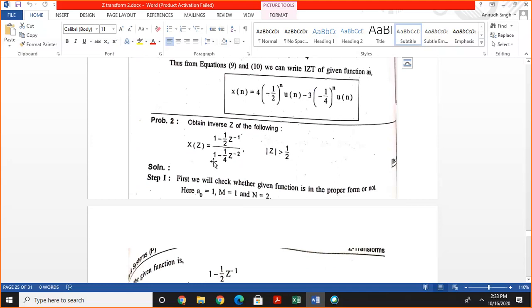So this term is also causal, and if it is causal due to ROC, this ROC determines that this term is causal, and for causal system we can write minus 1 by 4 raised to the power n u n, and we get the value of x of n is given by this.